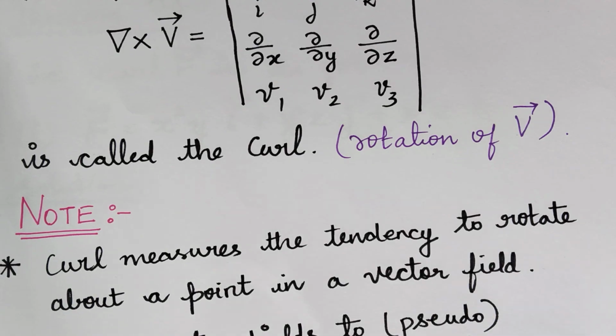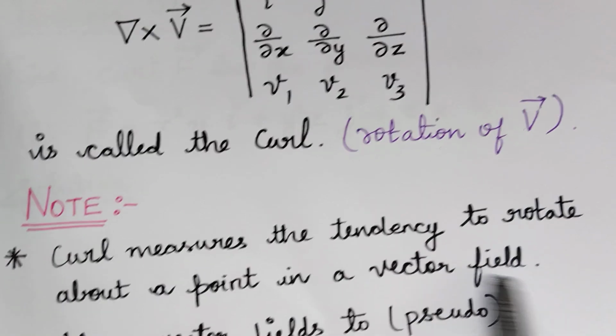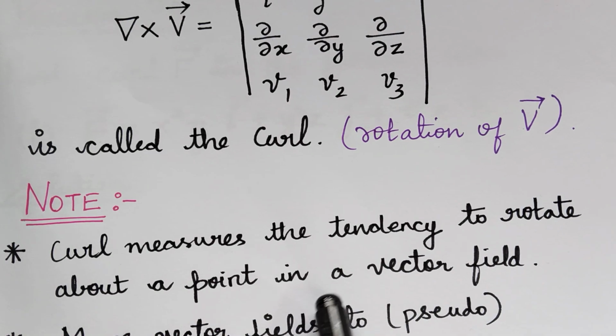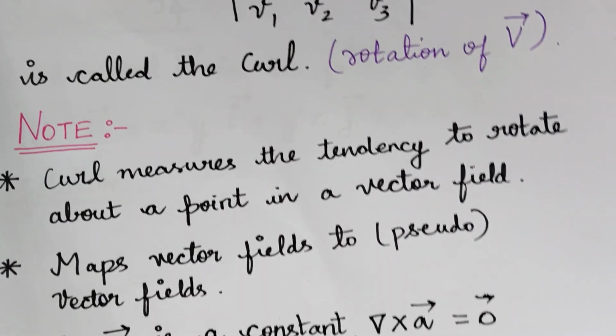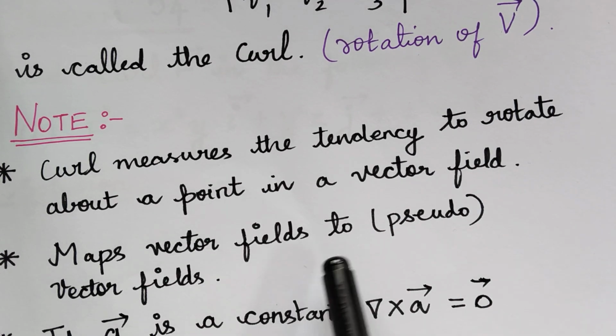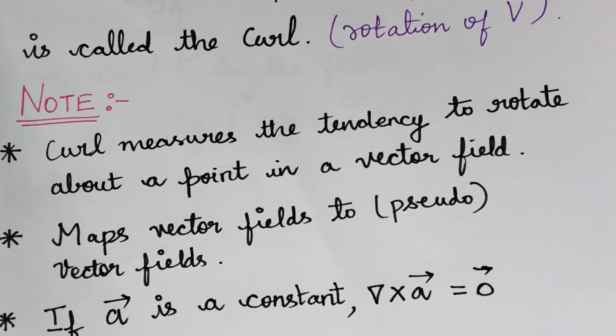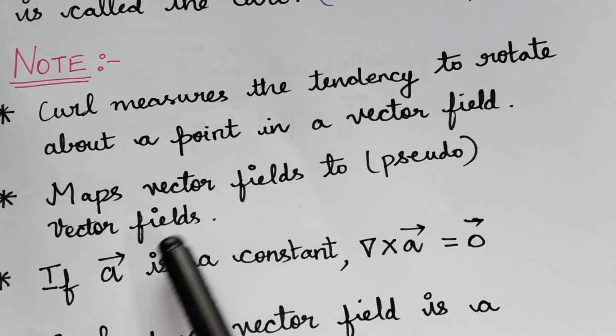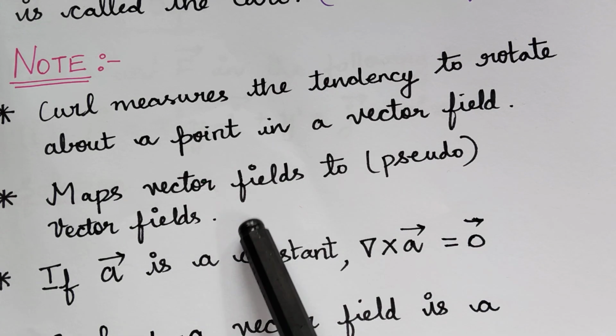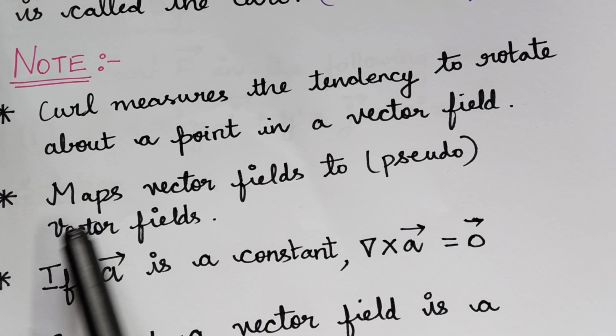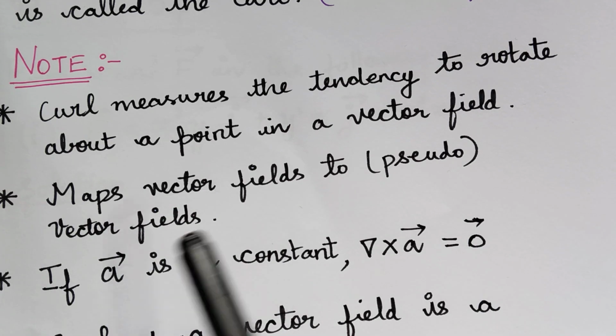We have a few remarks to remember. The curl measures the tendency to rotate about a point in a vector field, and it maps vector fields to pseudo vector fields.